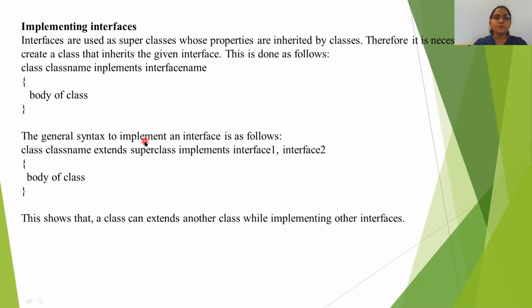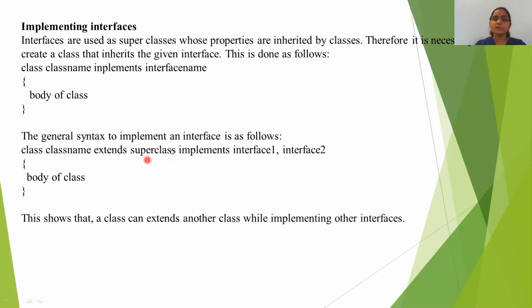The general syntax to implement an interface is as follows: class, class name, extends superclass, implements interface one, interface two. See here, the first one is also the syntax of implementing the interface, but in the second syntax I have also used the concept of inheritance plus implementation of the interface.